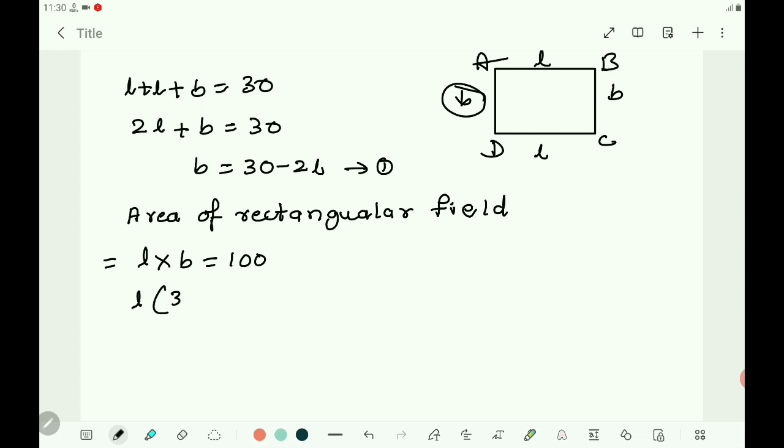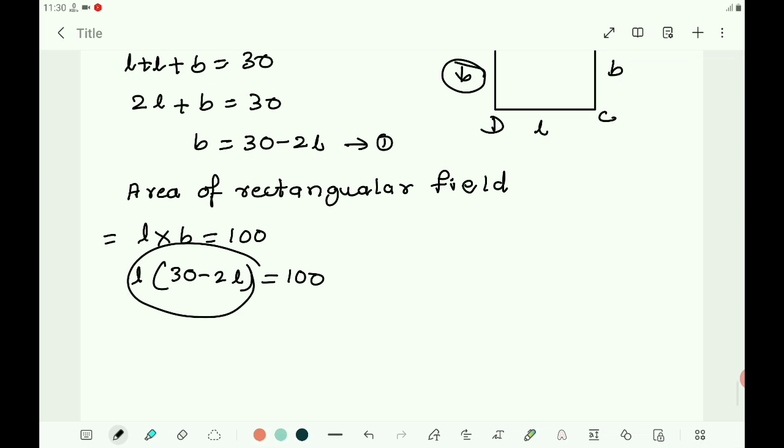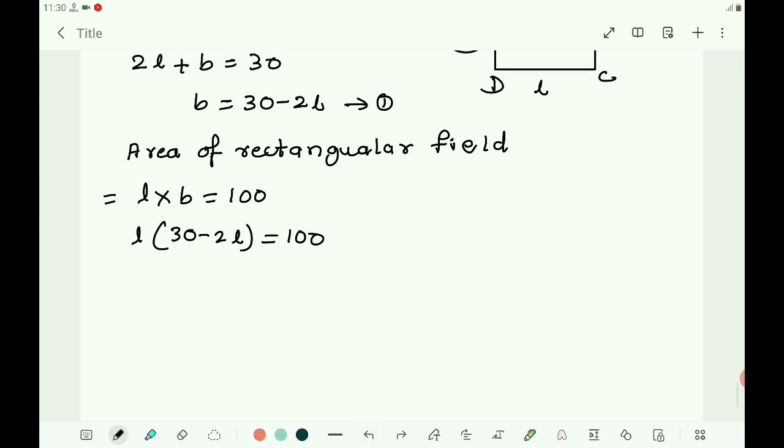B is 30 minus 2L, equals 100. Right? The multiplication of this one. Multiply 30 minus 2L by L. Then you will get L into 30, 30L, L into 2L, 2L square. Minus 2L square. And transfer this minus 100 equals 0.